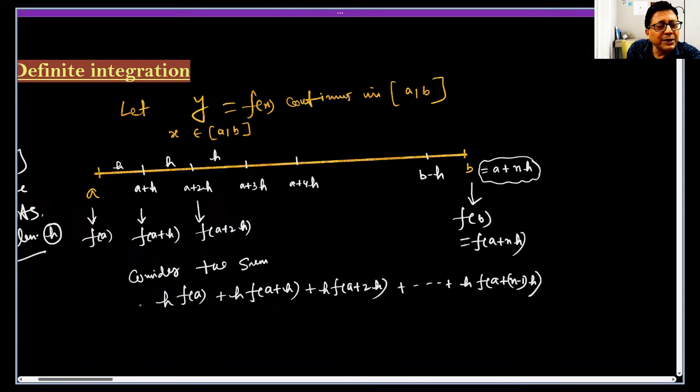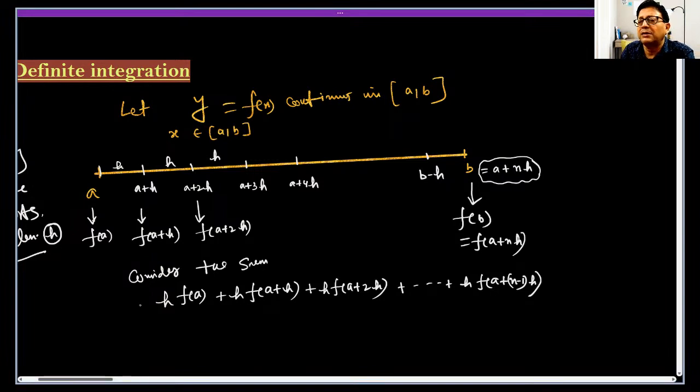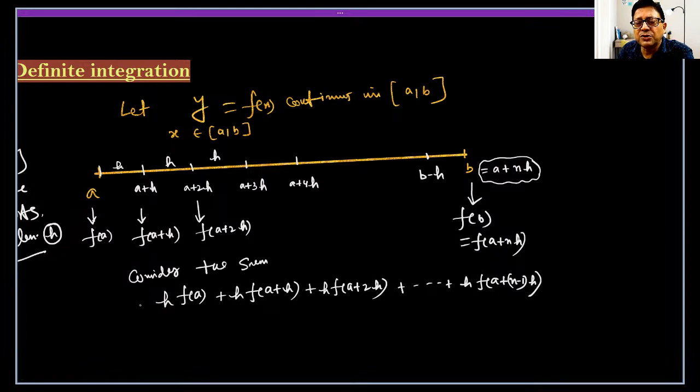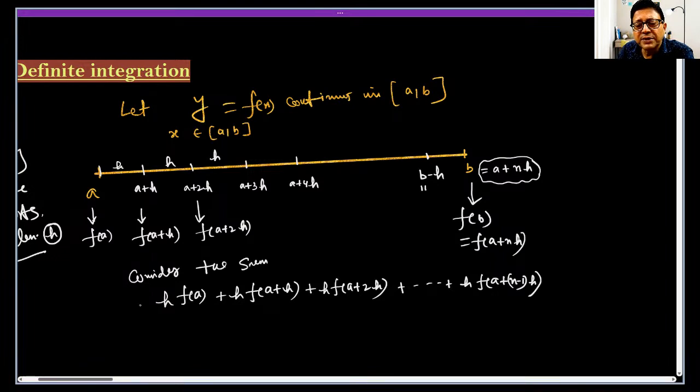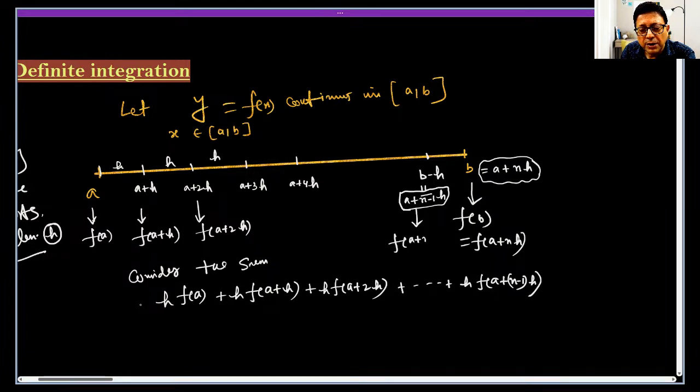what you did here, you multiplied the functional value here by h, the functional value here by h, and so on in this manner, up to b minus h, or the same thing can be written as a plus (n minus 1) into h; till that the functional value we found, and then multiplied by h.